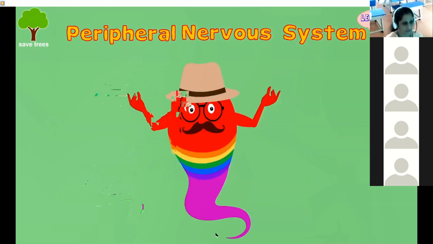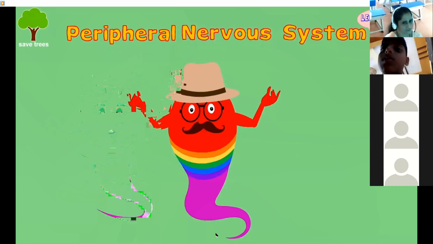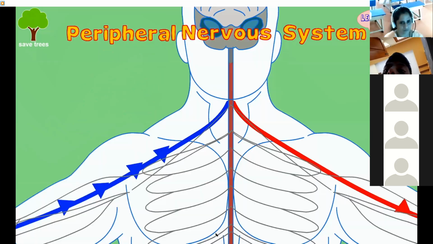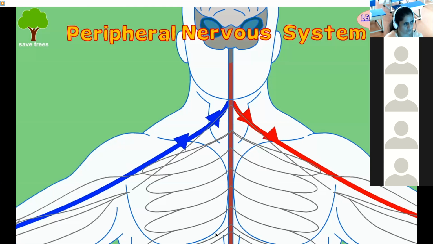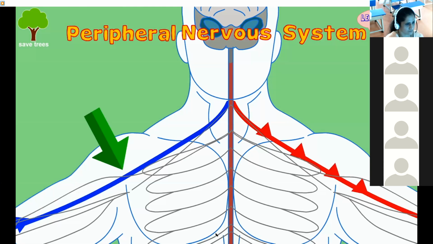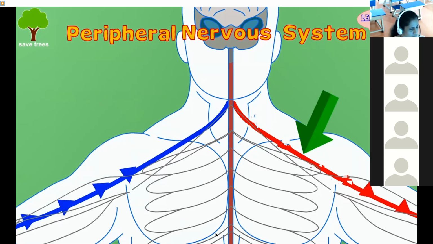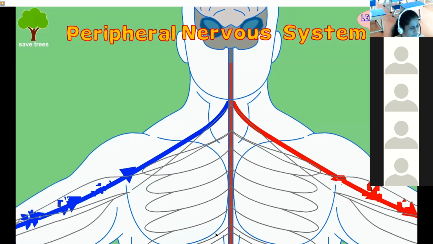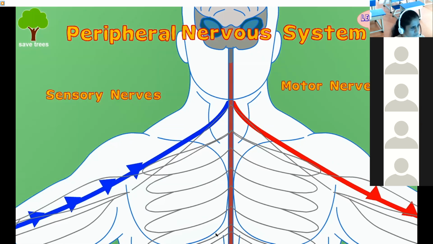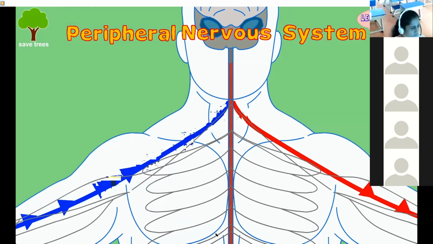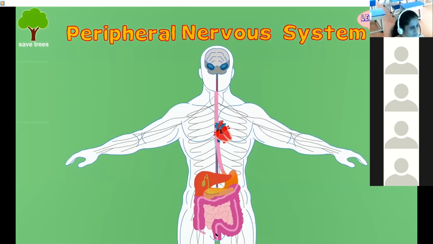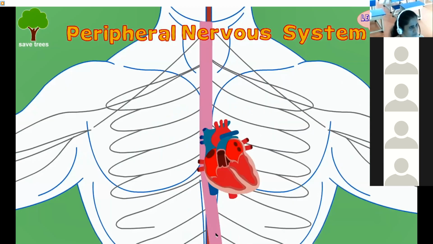The peripheral nervous system has two functions. Some of the nerves receive information when we taste something. These messages are carried to the brain by these nerves. They're called sensory nerves. Other nerves carrying messages from the brain to the body are called motor nerves. They tell us what action should be taken. The peripheral nervous system controls some automatic actions like breathing, digesting, etc.